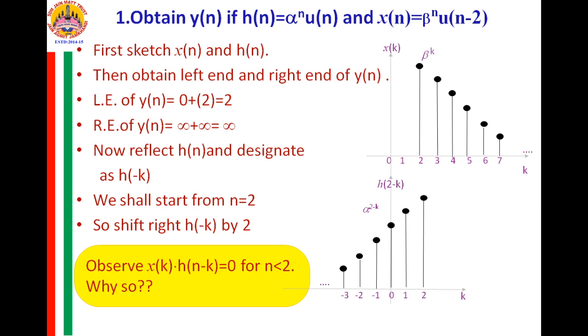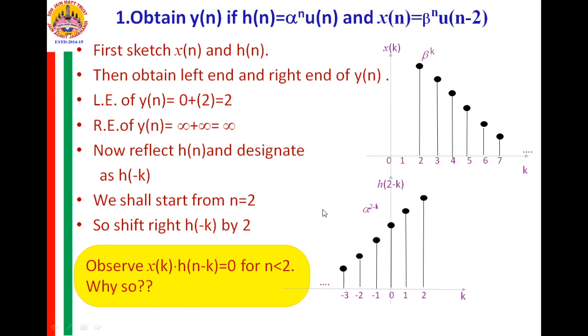So for n less than 2, x of k into h of n minus k is equal to 0. And now for n which is greater than 2, the overlap starts. The overlap of this sample starts. For n less than 2, there will be no overlapping between this x of k and this h of n minus k.